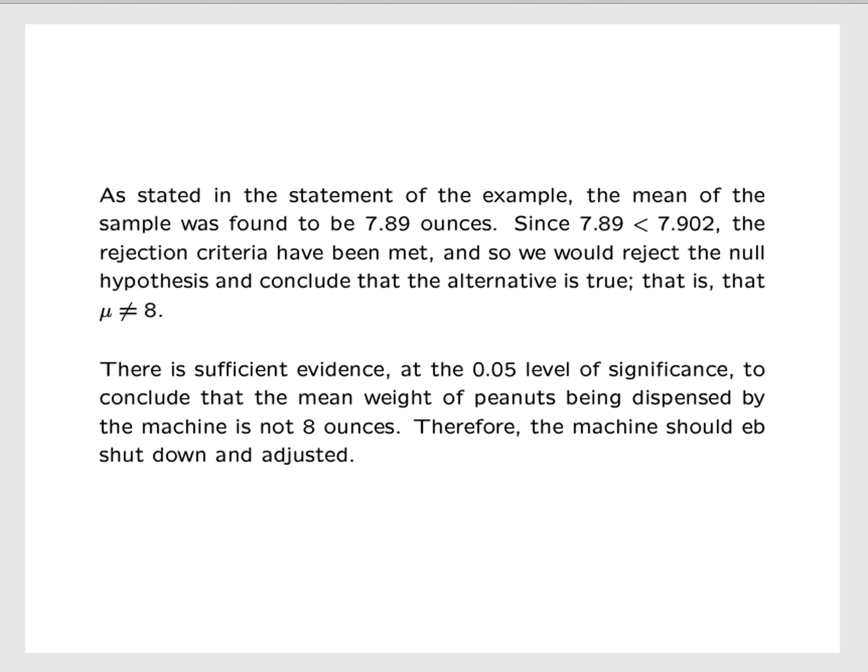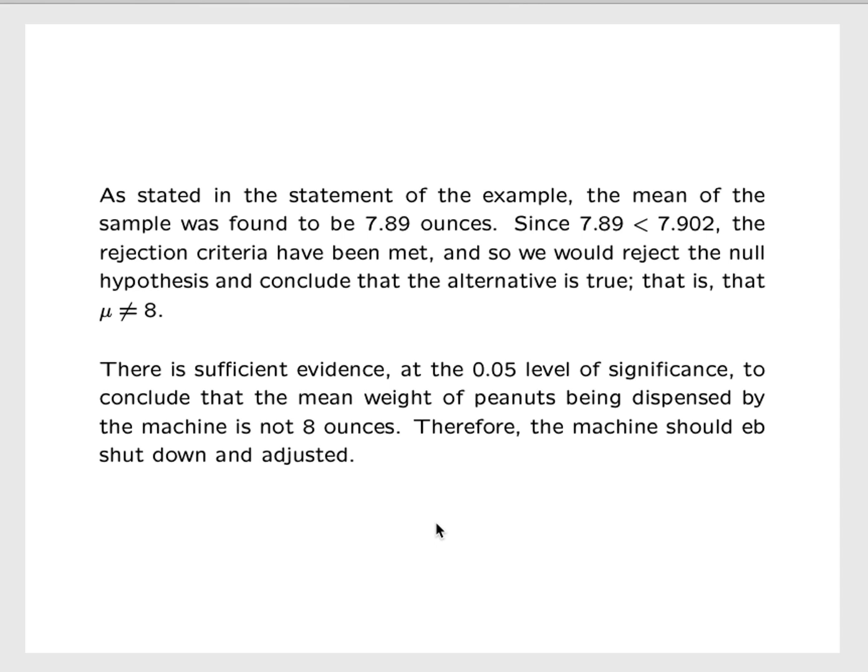As stated in the example, the mean of the sample was found to be 7.89 ounces. Since that is less than the lower critical point of 7.902 ounces, the rejection criteria have been met, and so we would reject the null hypothesis and conclude that the alternative hypothesis is true, in other words, that mu is not equal to 8.